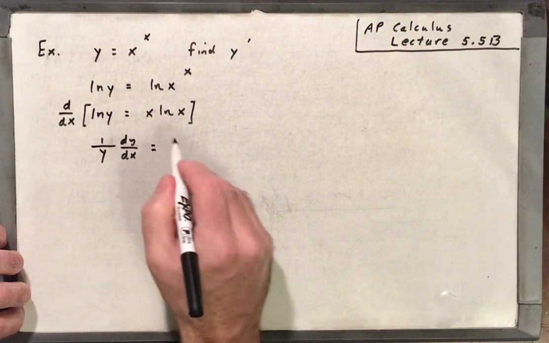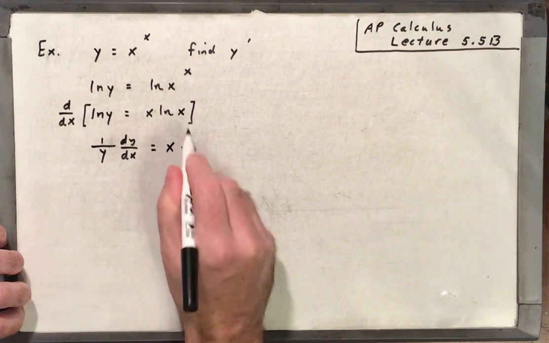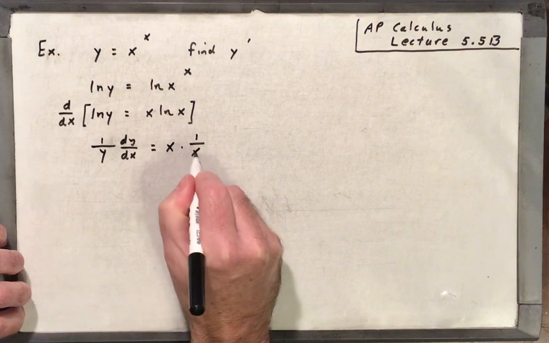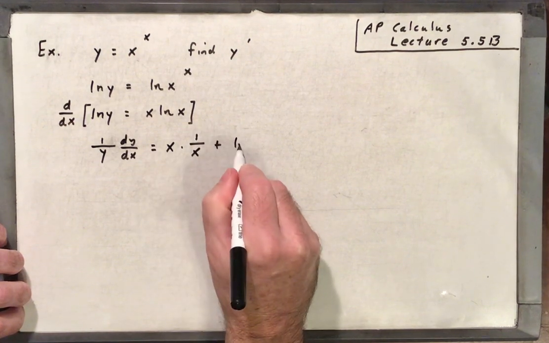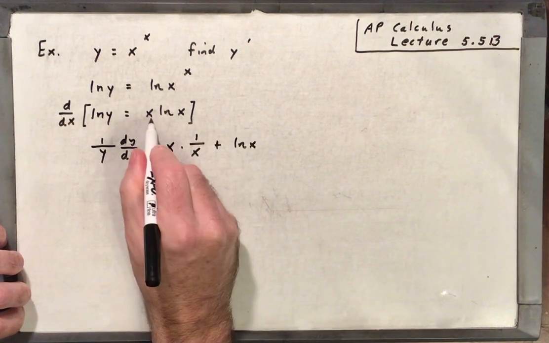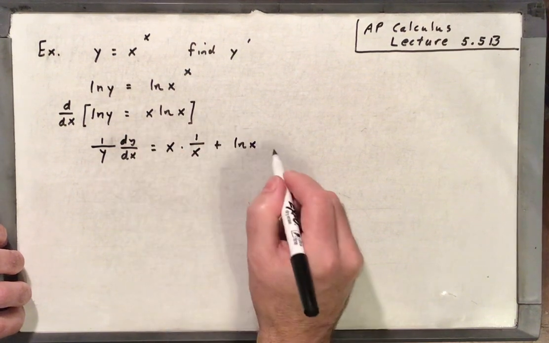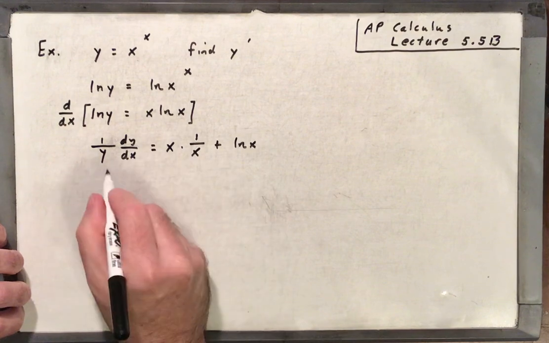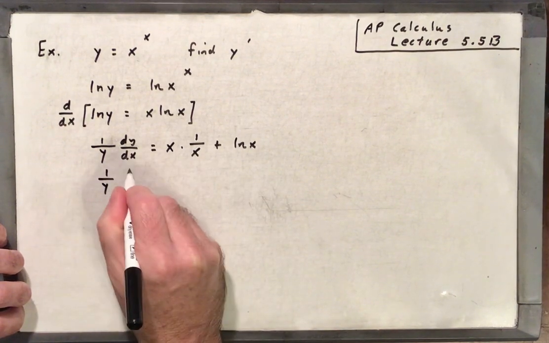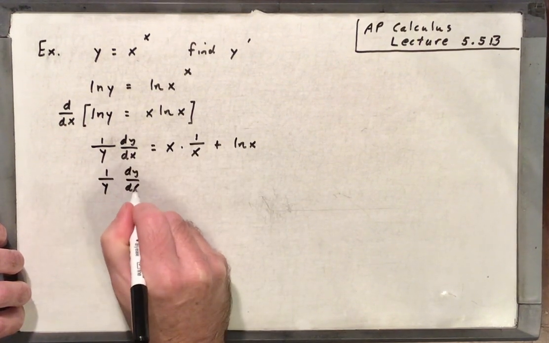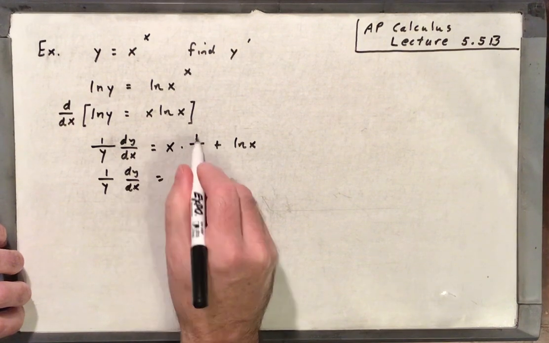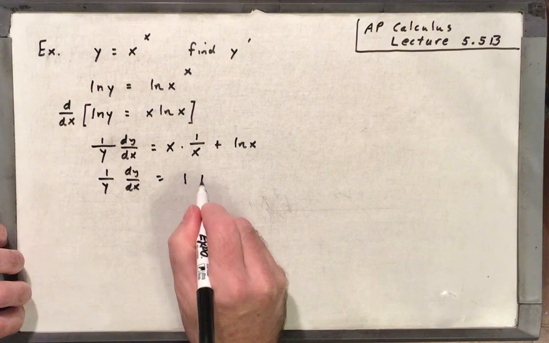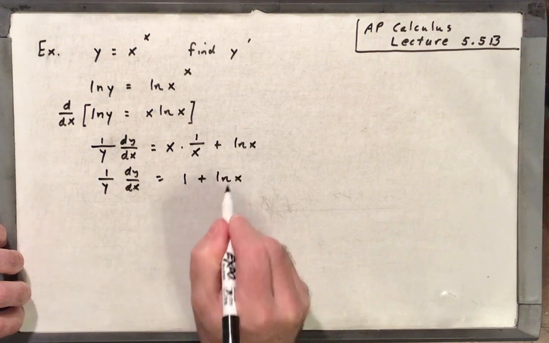The first, x, times the derivative of the second, the natural log of x, that's 1 over x, plus the second, natural log of x, times the derivative of x, which is just 1, and I won't write that. Okay, so I'd have 1 over y dy dx is equal to x times 1 over x. The x's will cancel and you just have 1 plus the natural log of x.